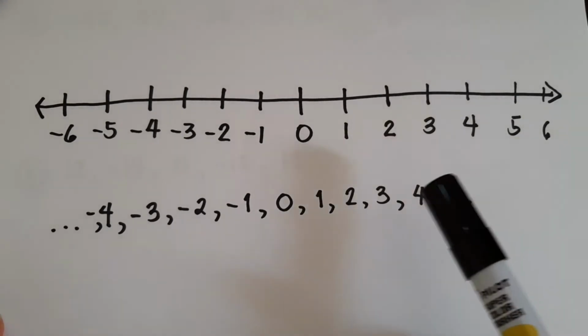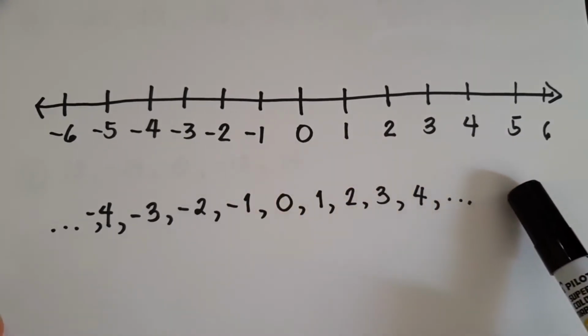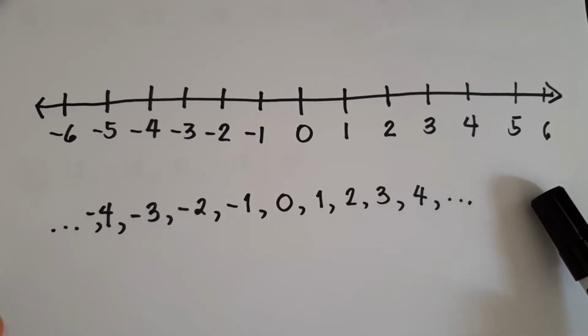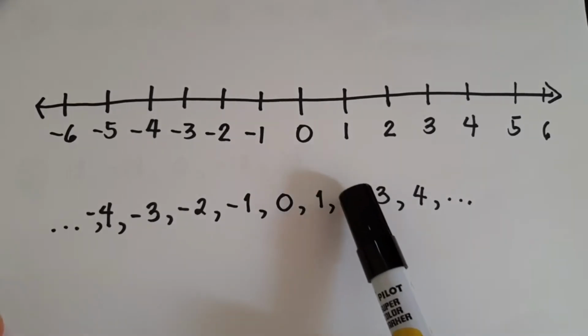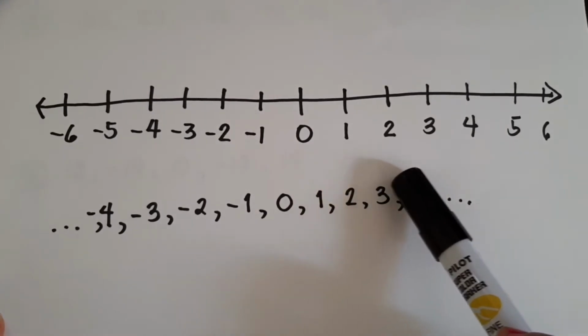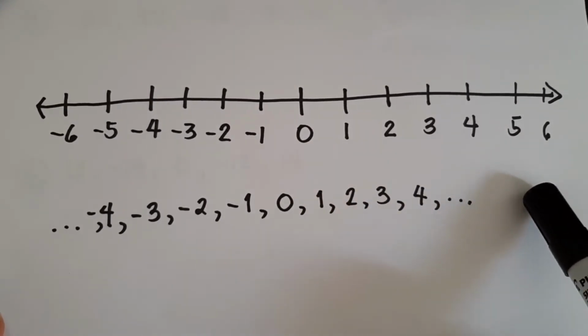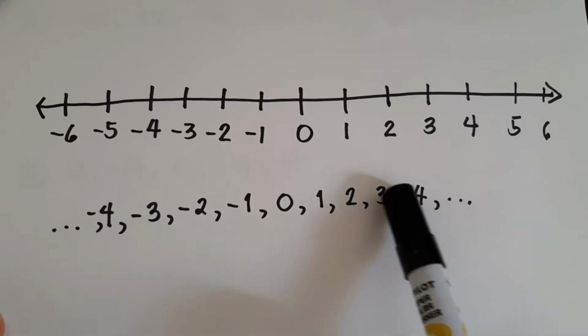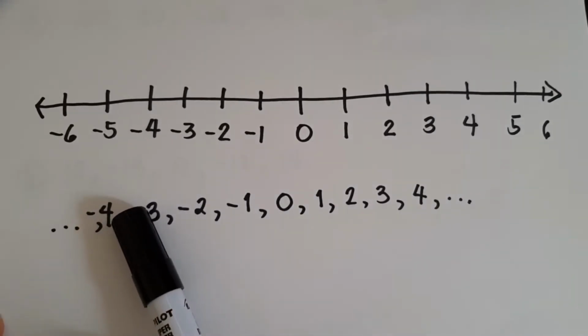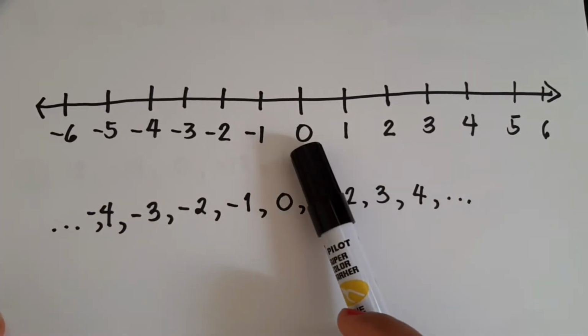Papunta sa kanan, mas tumataas yung number. So, all numbers that are located on the right side are greater than the numbers sa kanyang left. For example, we all know that 1 is greater than 0, right?